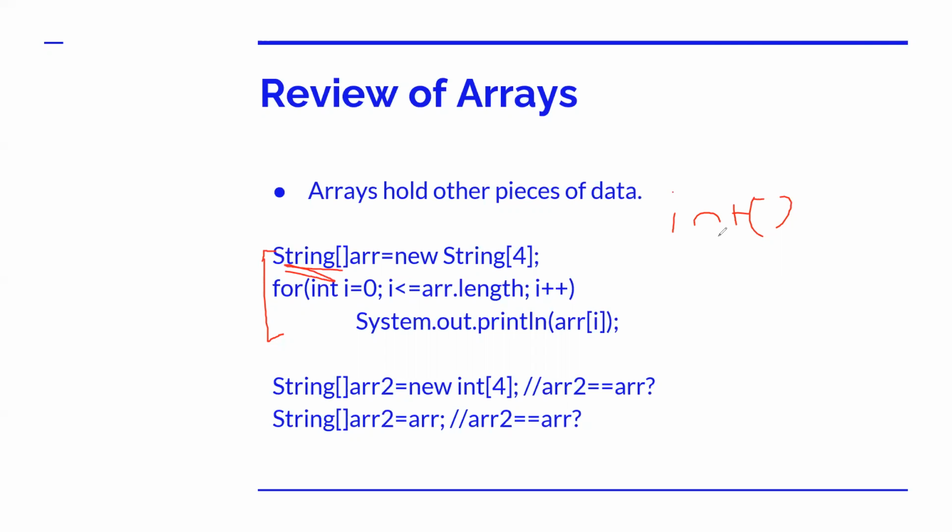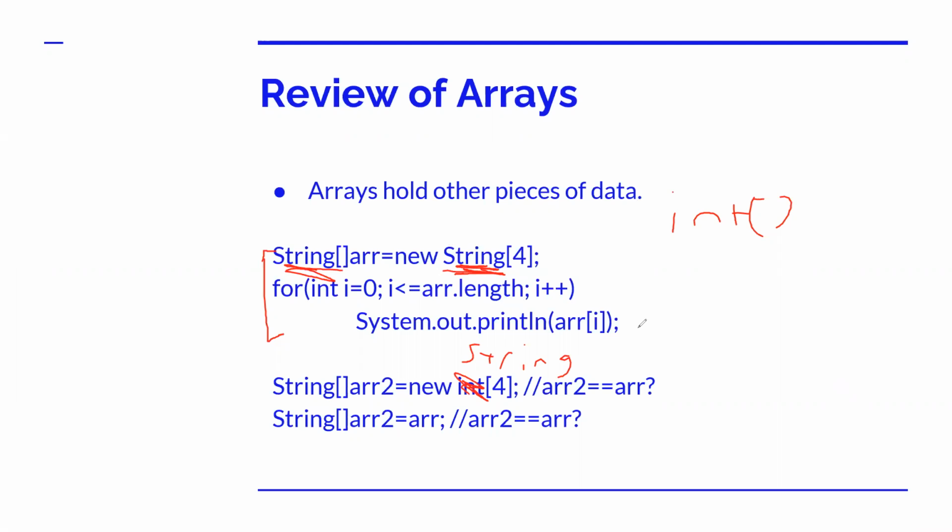But in this case, we're using string arrays. This is supposed to be a string, so we'll talk about that in a second. For a string array, the default value is null.